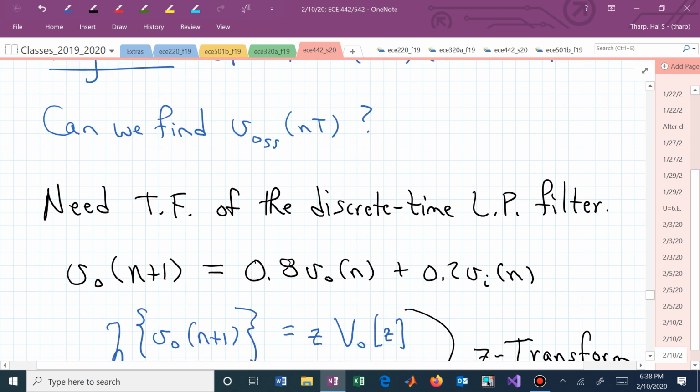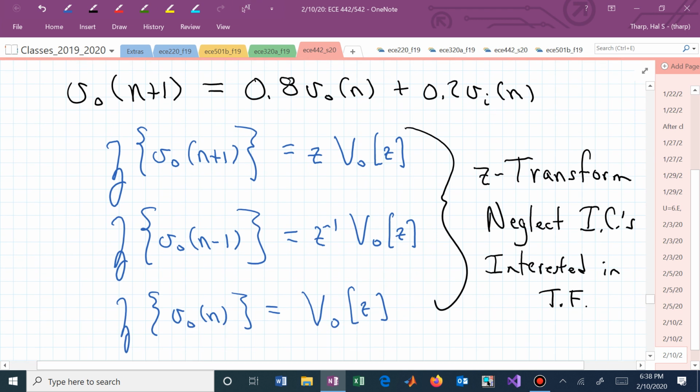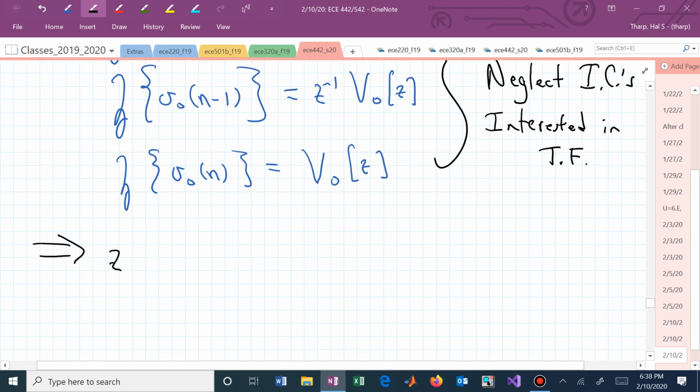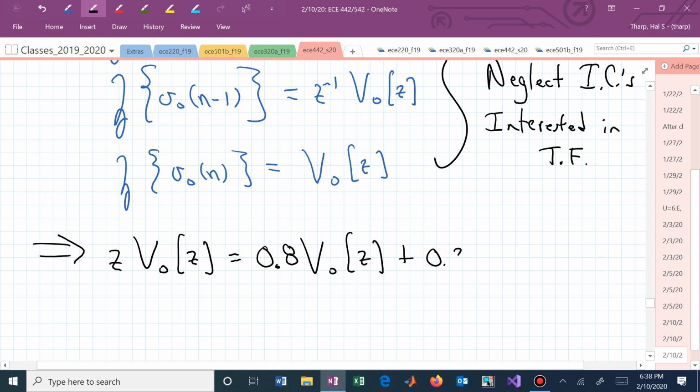What do we do? Now we can z transform that difference equation. The left-hand side in the frequency domain becomes z, capital V sub 0 of z, equaling 0.8 as a constant, which can slide outside the z transform, V sub 0 of z plus 0.2 V sub i of z.